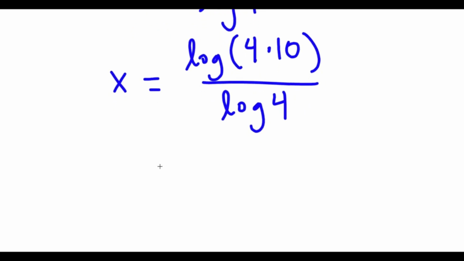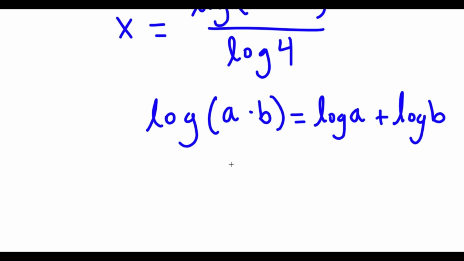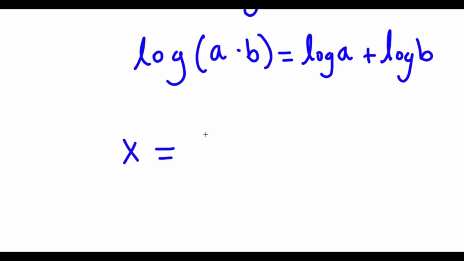And now if I have something in the form log of a times b, this is equal to log a plus log b. So in this case, I have log of 4 times 10. So this is equal to log 4 plus log 10.